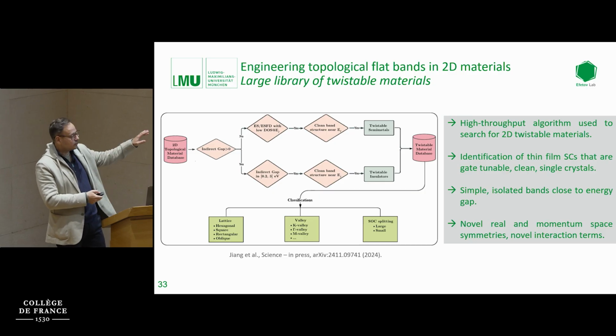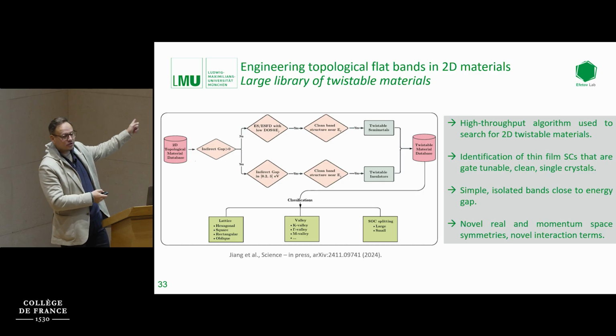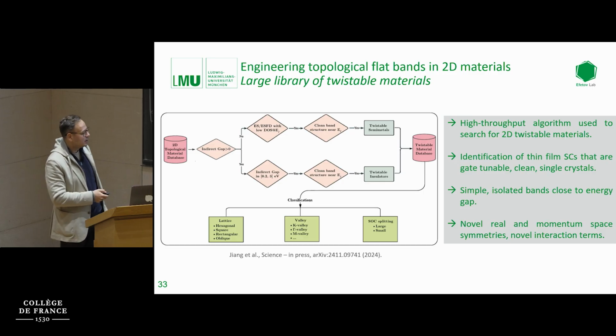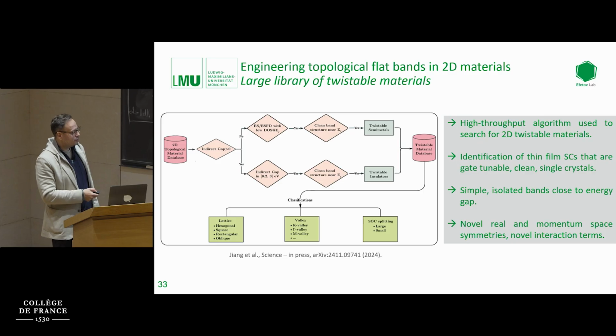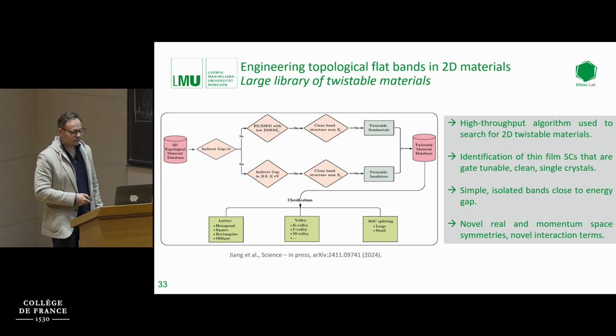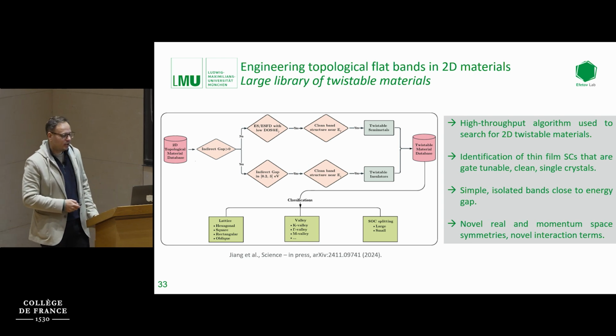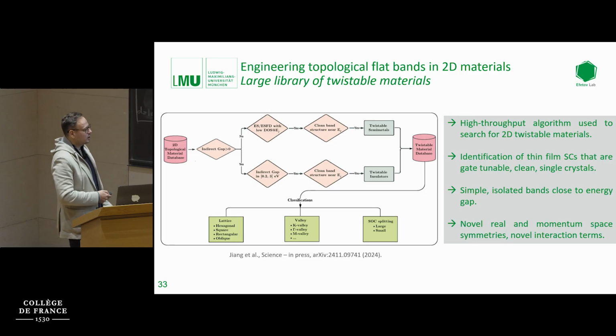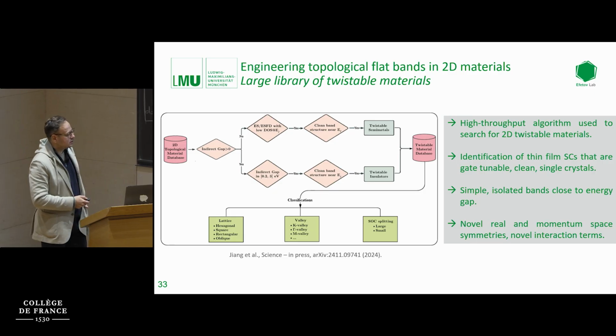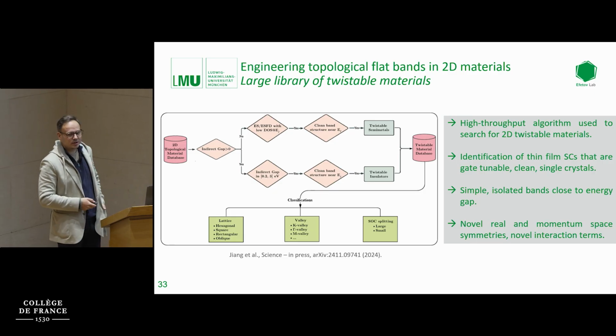All of the materials that I showed you before were hexagonal so far, so nobody has studied Moiré in square or rectangular lattices. All the materials that I showed you before had Fermi pockets at the K valleys, but of course you can think of materials with gamma and M-point valley structures, Fermi surfaces. You can also think of material with spin-orbit coupling that is not negligible, unlike graphene and so on.